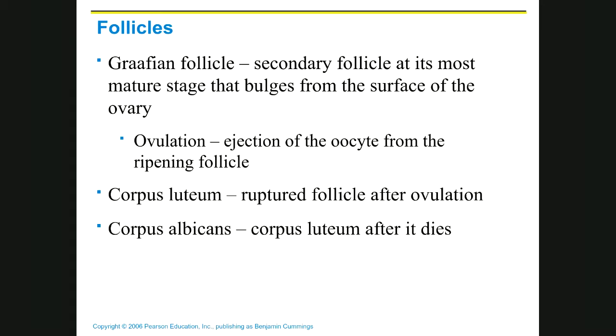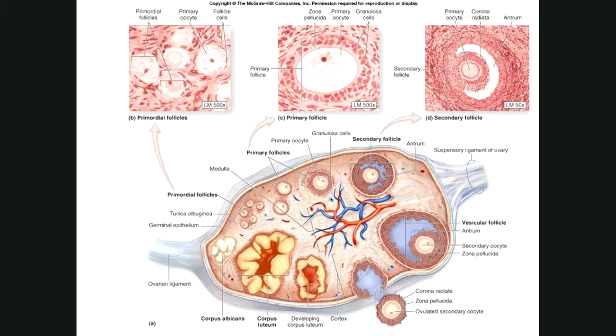And the next thing that's going to happen is this follicle is going to rupture. It's going to pop. And when it ruptures, what's going to happen is the oocyte is going to be released along with all that fluid. And it looks like this.